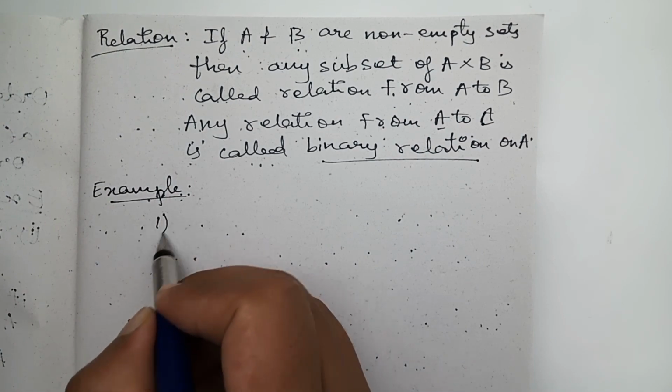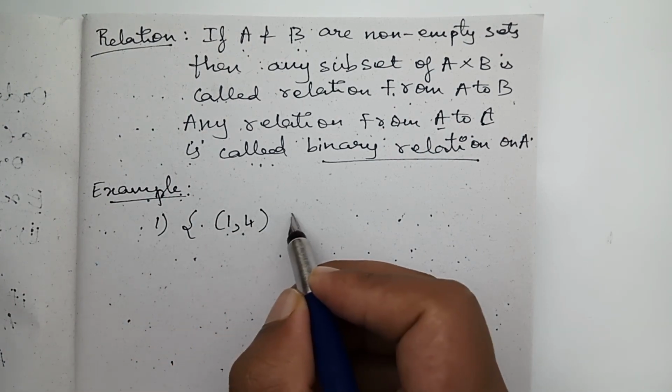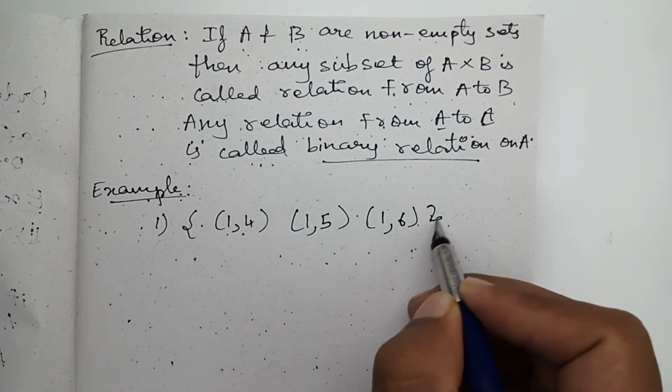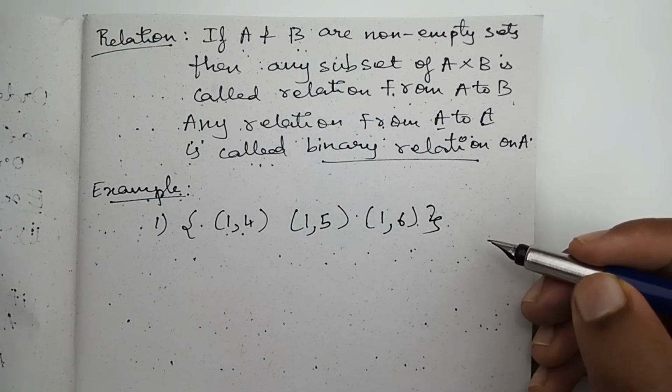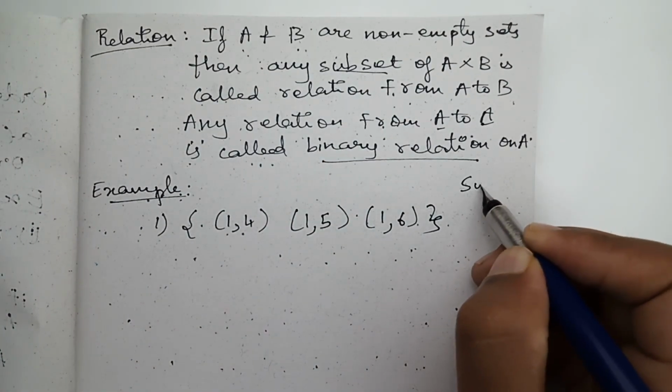The first example of relation is 1 comma 4, 1 comma 5, 1 comma 6. This is the first relation we can say. For example, we should know what is subset, right? Subset.